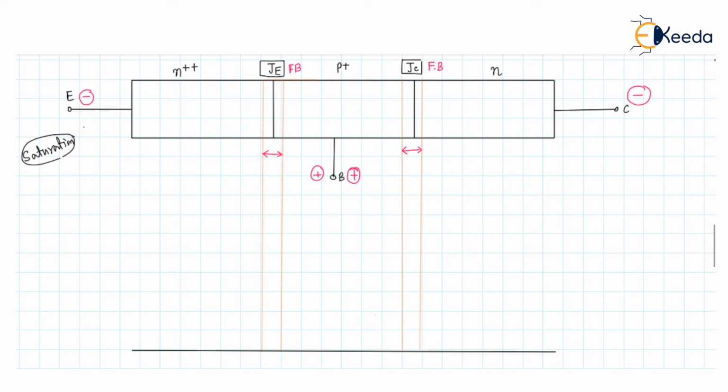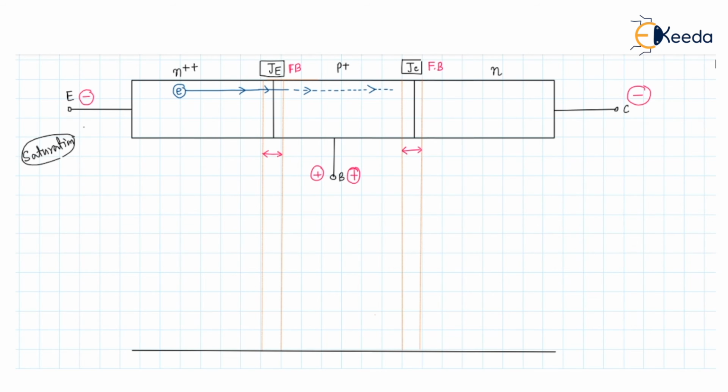Now, the electrons which are in the emitter as the majority carriers can cross the junction like this and come into the base as the minority carriers, and these electrons will diffuse through the base length because the base region width is smaller than the diffusion length of the electron.